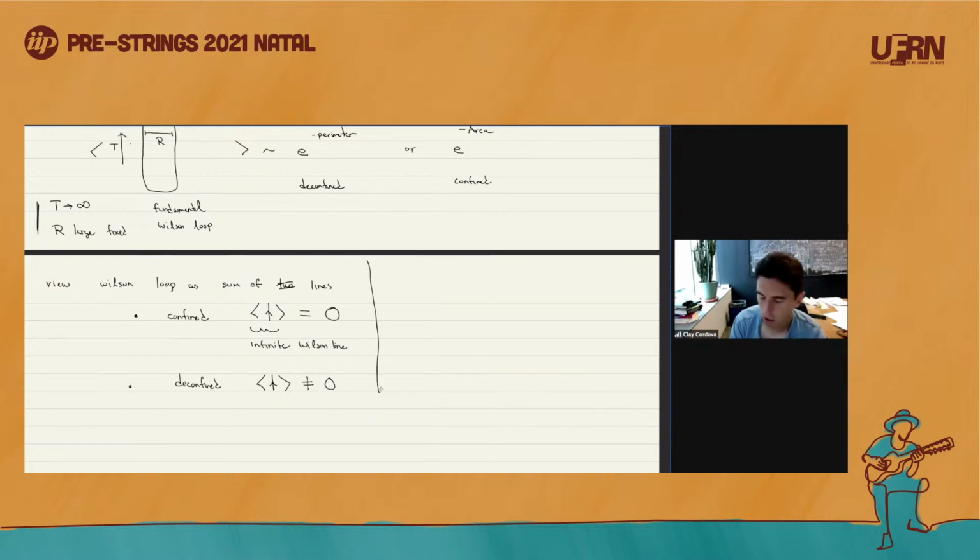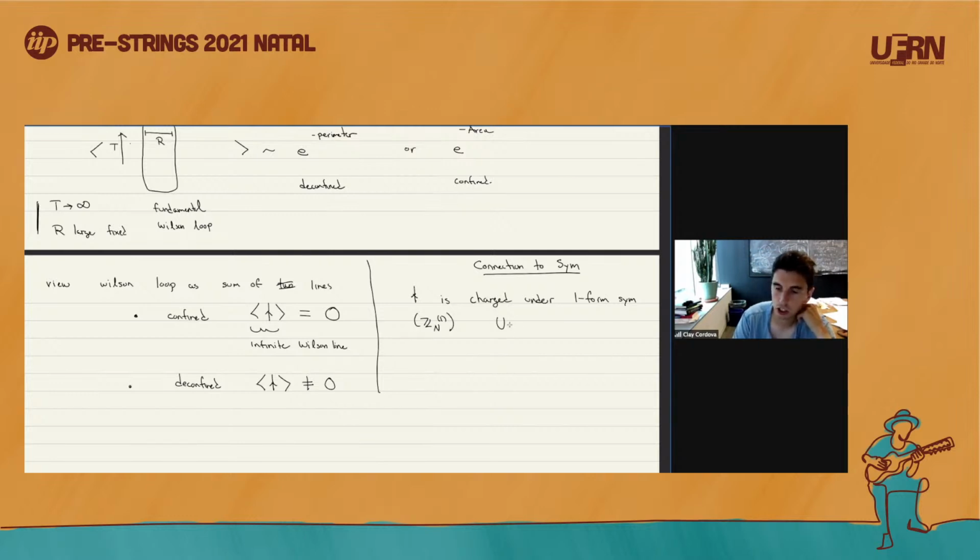So let's understand why this is related to symmetry. This infinite length Wilson line is charged under a one-form symmetry, the Zn1 that I identified above.